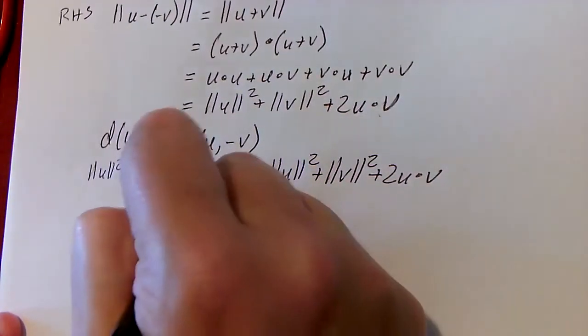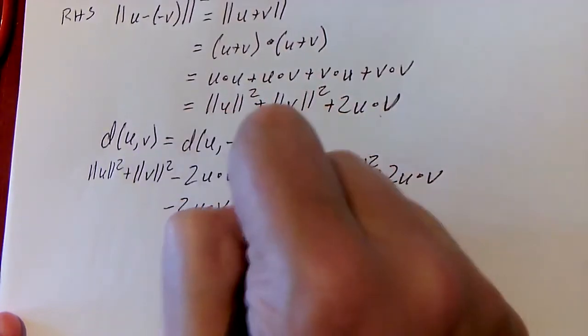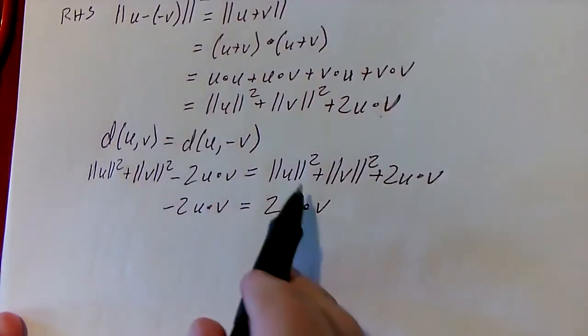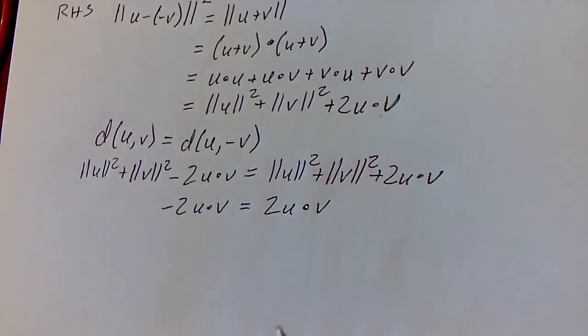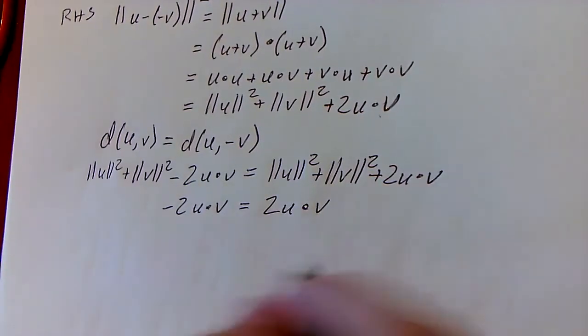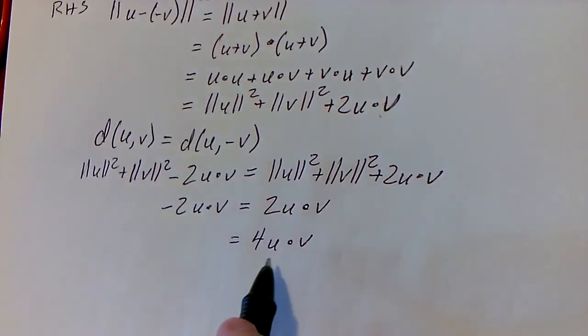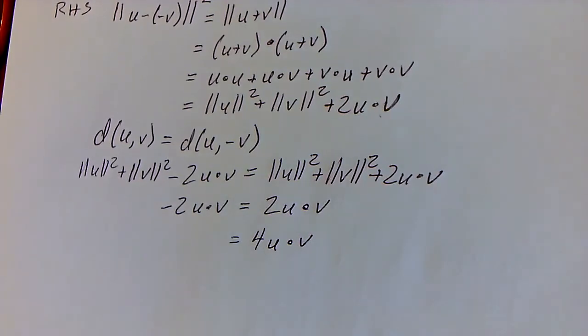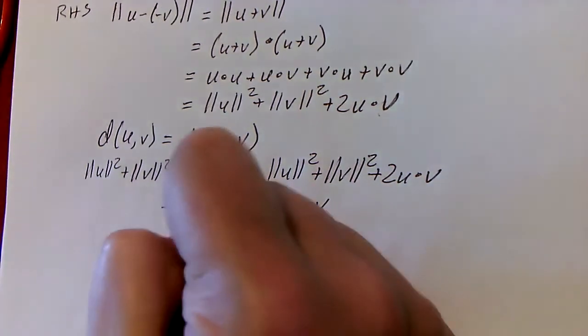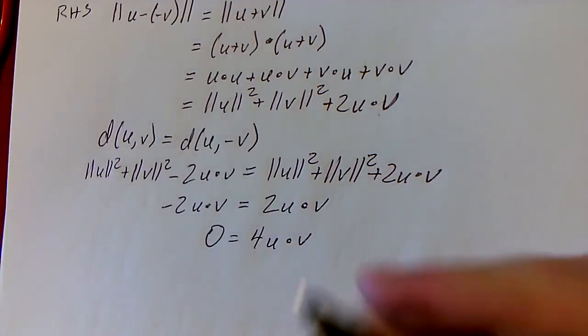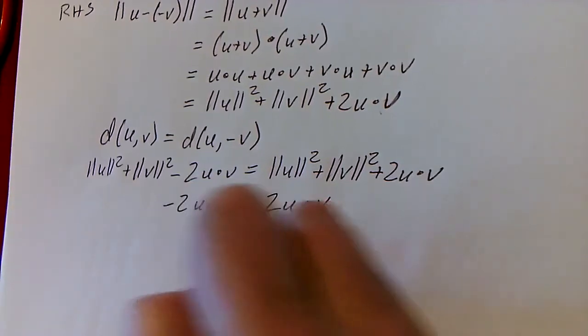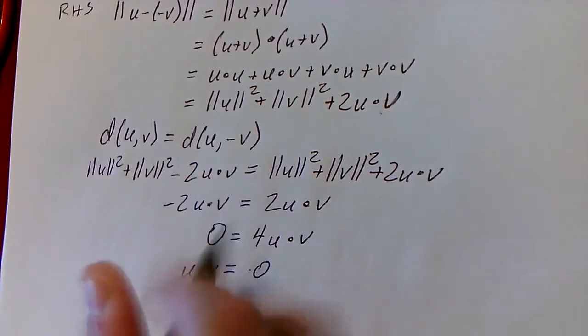So we drop down, I'll have negative 2 u dot v is equal to a positive 2 u dot v, because I could just subtract from both sides. And I'm going to bring this over to the other side. So I'm going to have 4 copies now of u dot v. Remember, u dot v is a scalar constant. So just like adding 7x and 7x gets you 14x, 2x and 2x is 4x, or 2 u dot v and 2 u dot v is 4 u dot v. Then I have nothing left over here. So what this means is when I divide by 4, u dot v has to be 0.